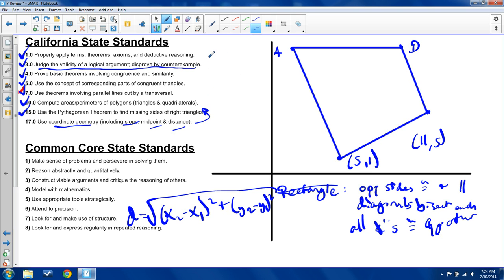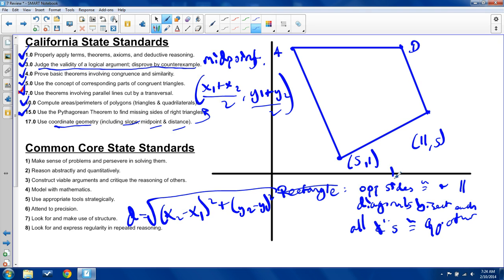The midpoint formula is taking the average of two coordinate points. So if I took the average of 5, 1, and 11, 5, 5 plus 11 is 16, 16 over 2 is 8.